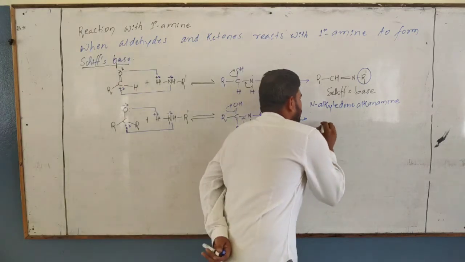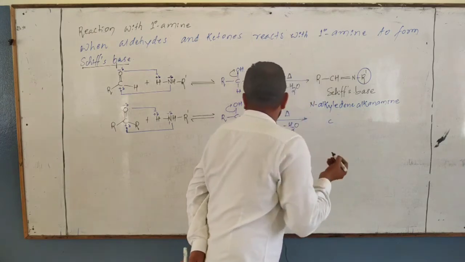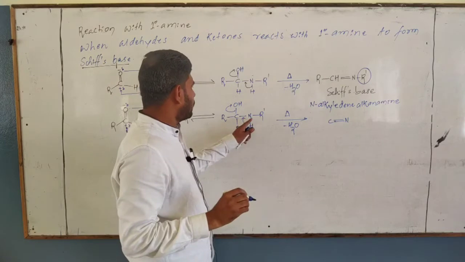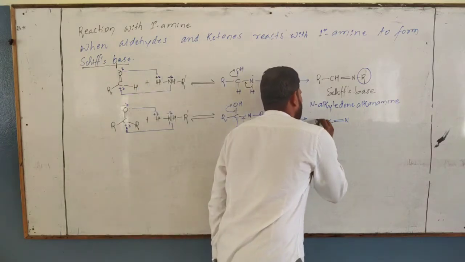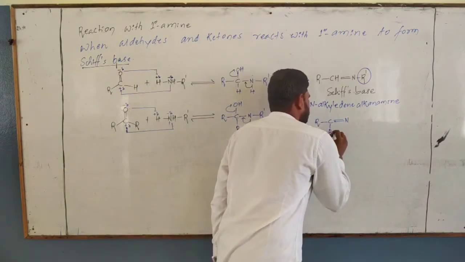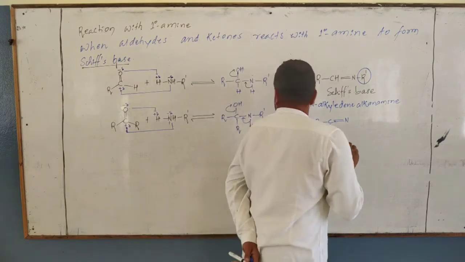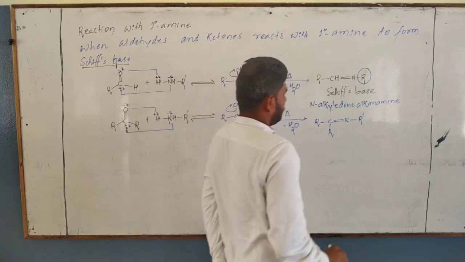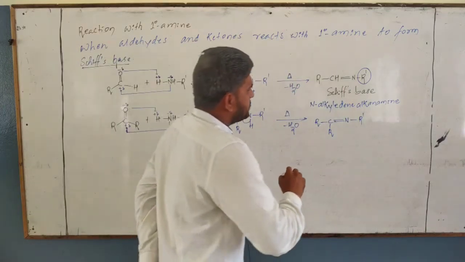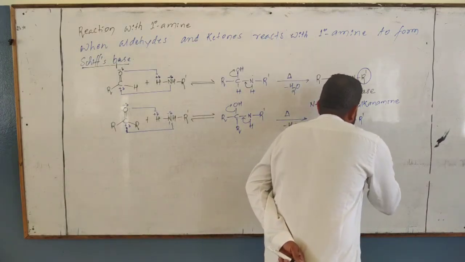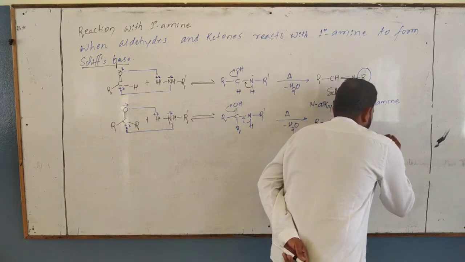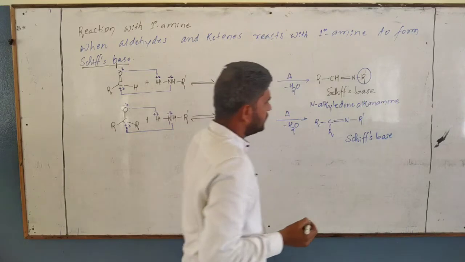It eliminates H2O to give the final product, that is Schiff's base. C double bond N, over here two R groups are there, and R prime. Both are Schiff's bases. Okay, understood?